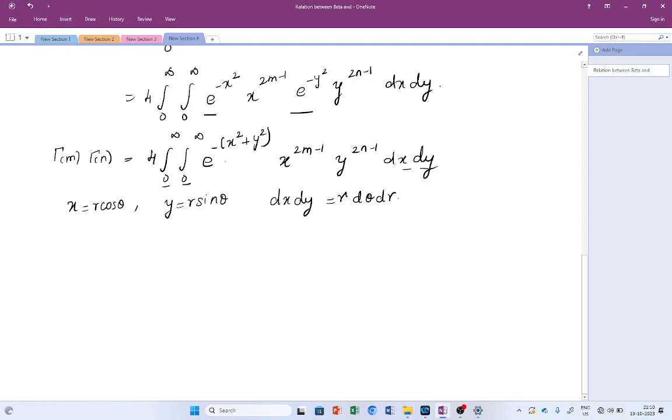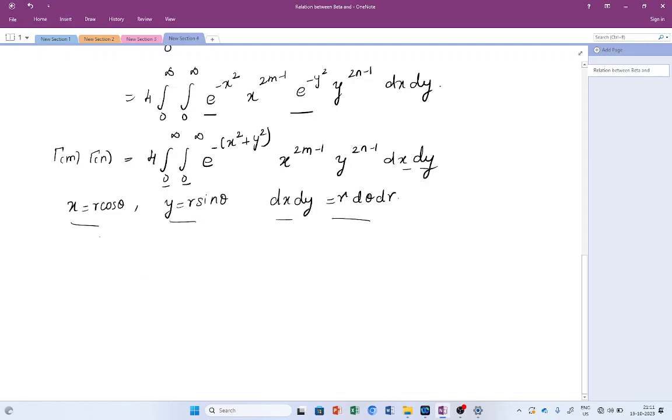So your limits also will be changed with respect to theta and r. I'll just show you how this x, y are changed in terms of polar coordinates. Writing this directly will do, but for your understanding, I'm just going to derive it.